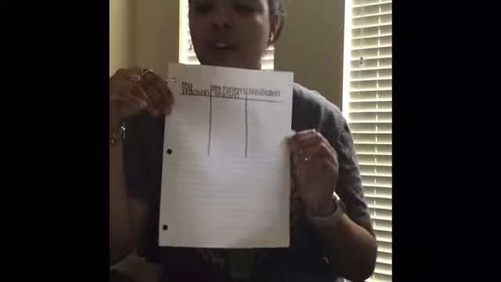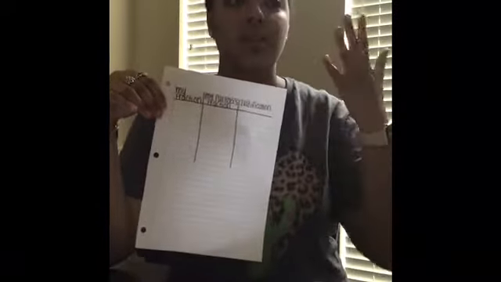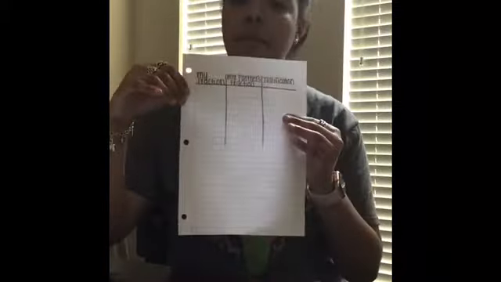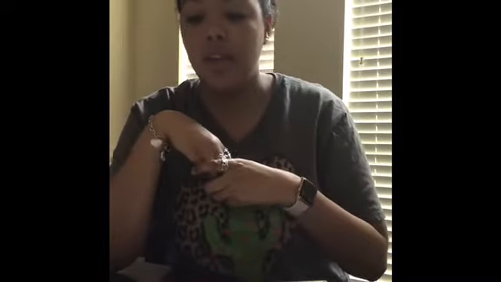And justification is like a fancy word for your reasoning, explanation, okay? So after you're done doing that, we can just discuss and go over the strategies that you came up with to help you with comparing the fractions, okay?